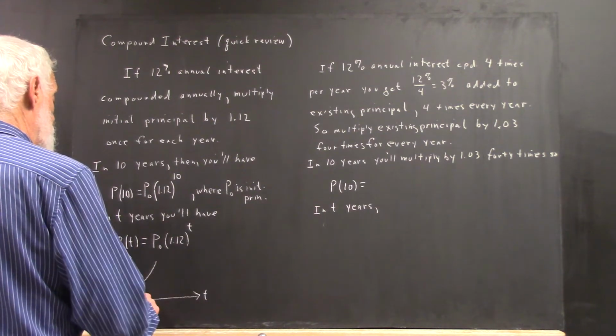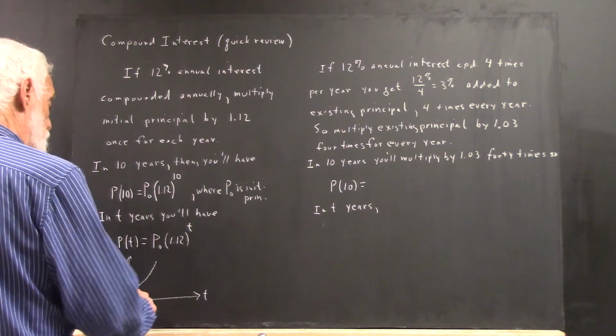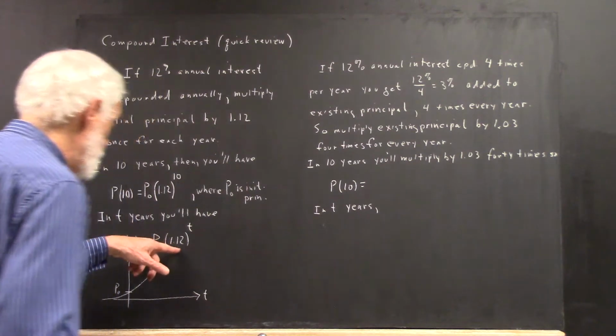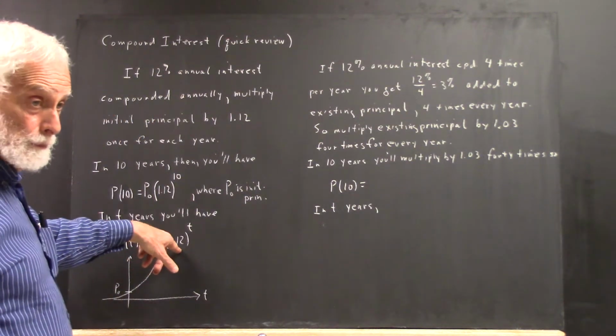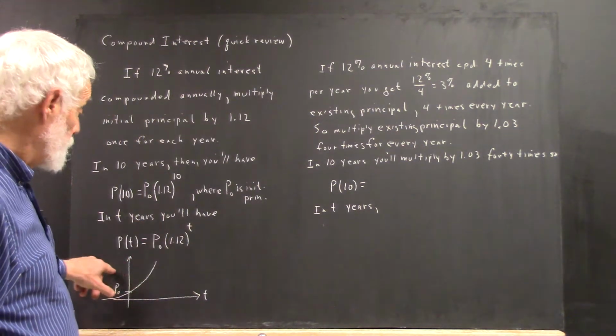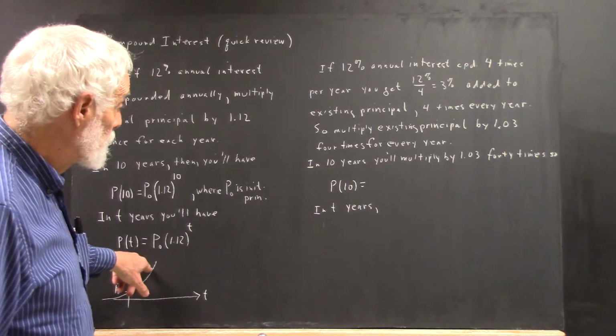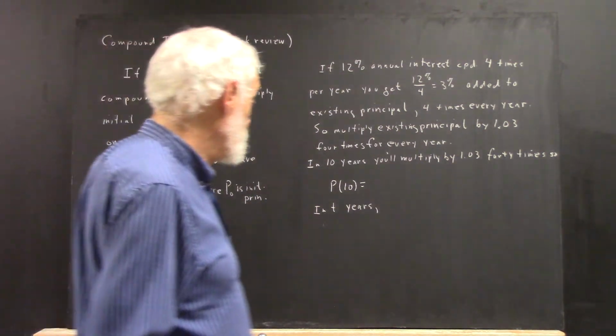And you have to relabel your t-axis for that 1.12. And we've done this, so I'm not going to do it right now. We'll follow up and do a little bit more of it.